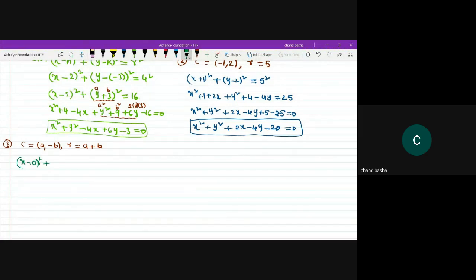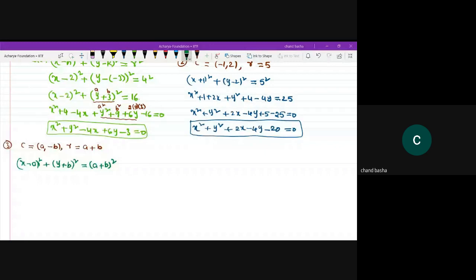Whenever we have plus, you will get minus sign in bracket. That you have to remember. R square means radius he has given a plus b. You can expand it.